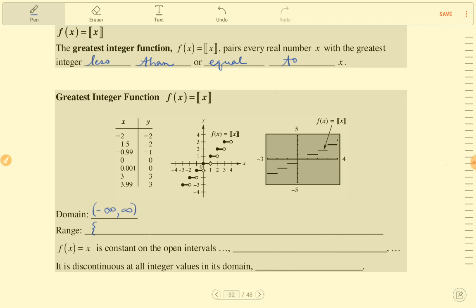So the y values are going to be anywhere from negative infinity. So this thing in theory could keep going lower and lower, or higher and higher steps, the stairway to heaven. But we'll just use these ellipsis dots to show that the pattern is going to be the same as we establish it from, say, here.